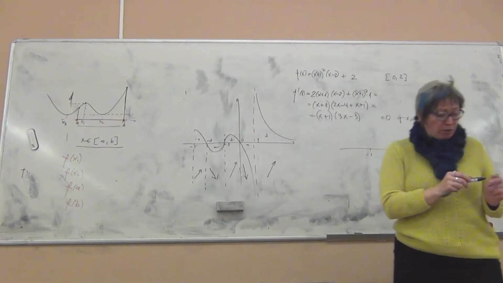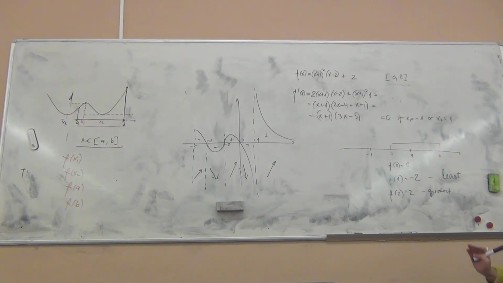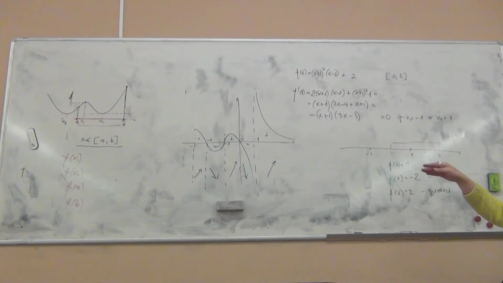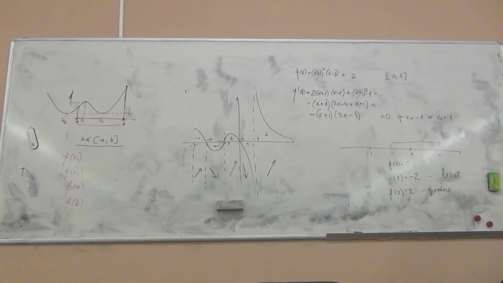But we'll talk about that some more tomorrow, about inflections. Actually, not just possible, because we see that the derivative is increasing then decreasing, then the second derivative would be positive then negative, so that there would be an inflection point.